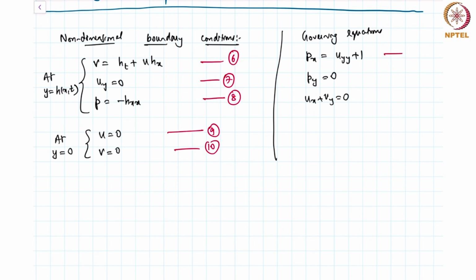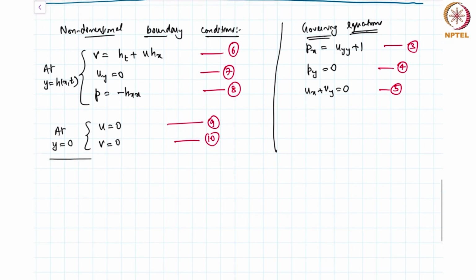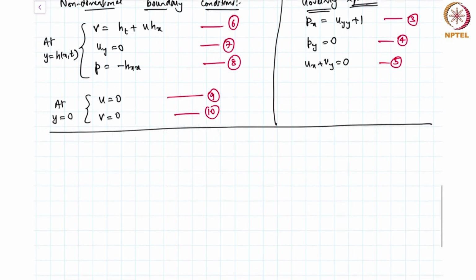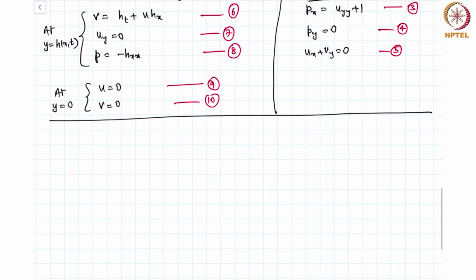So this was originally the labels 3, 4 and 5. So 3, 4, 5 essentially becomes a governing equation. 6 to 10 becomes our boundary conditions, right? So let's basically derive an evolution equation for the height.